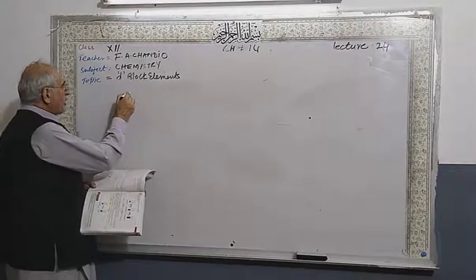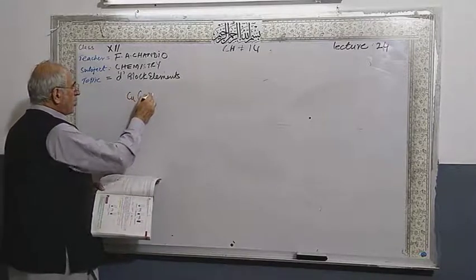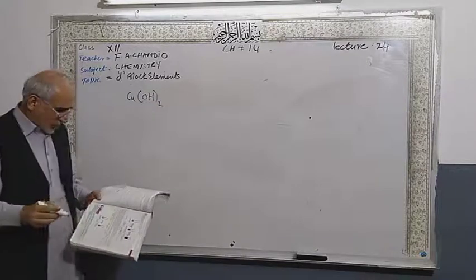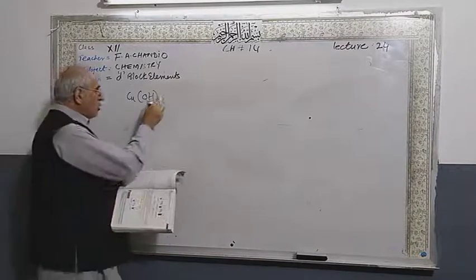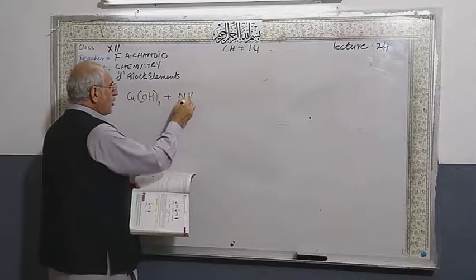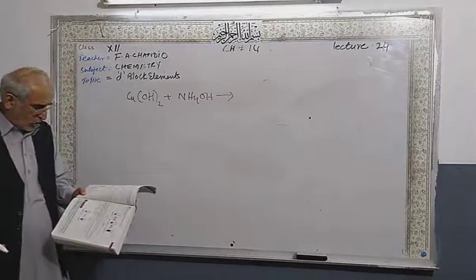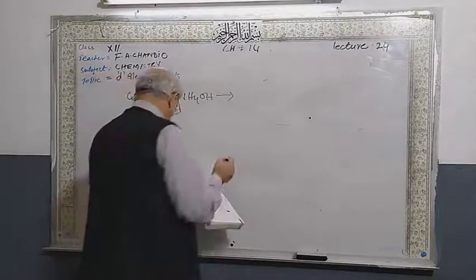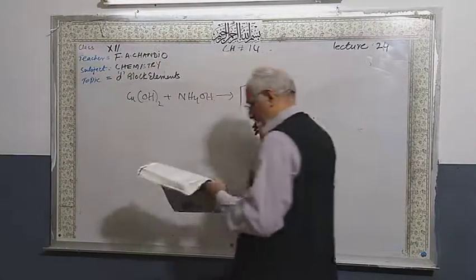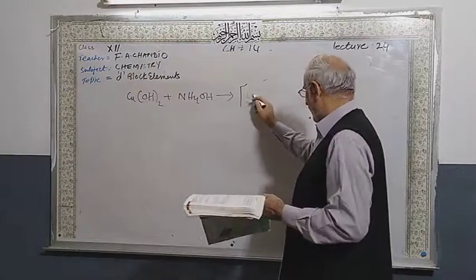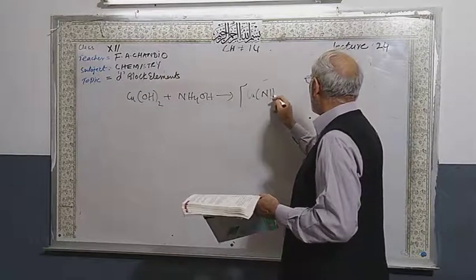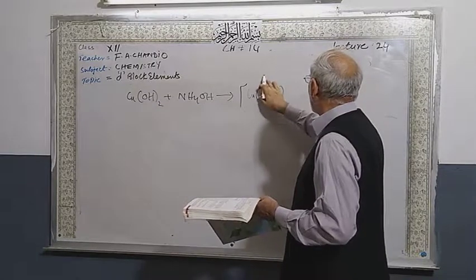So there is a preparation. If you have copper hydroxide and you react it with ammonium hydroxide, you will get the ligand on the copper. This is the copper, and there is ammonia appearing inside. This acts as a ligand.